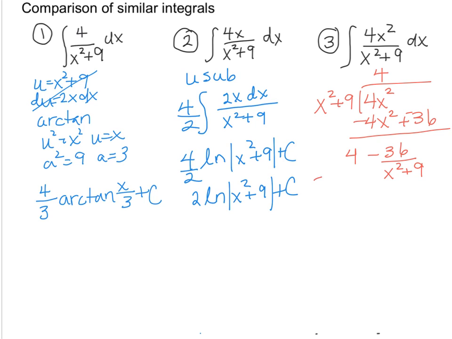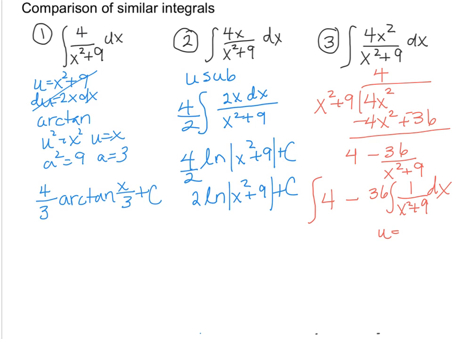And then if I go to integrate that, this becomes rather interesting because I have, and let me do this, 36, 1 over x squared plus 9 dx. This first part is really, really easy to integrate, right? It'll just be 4x when I get it finished. But this second part over here is an inverse tangent, right?